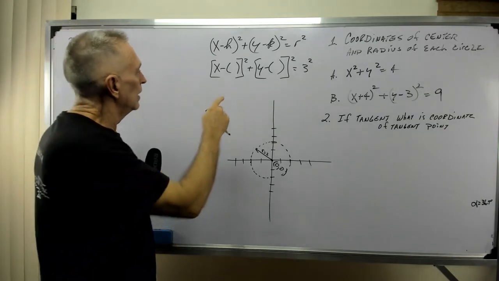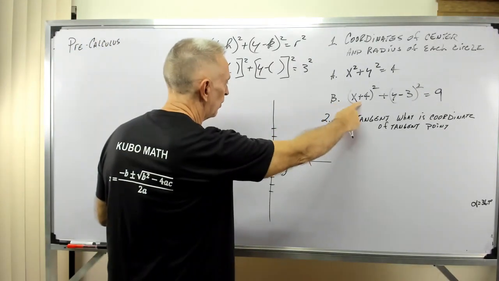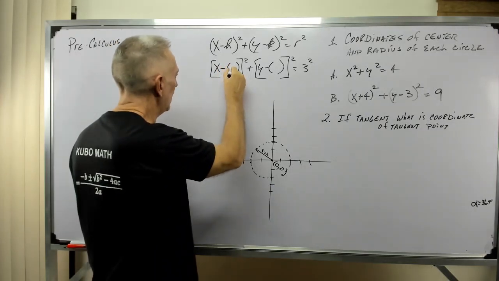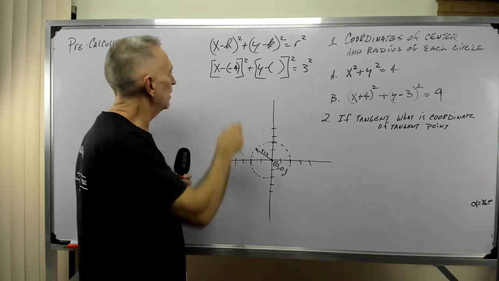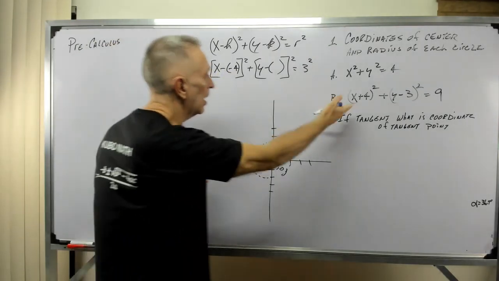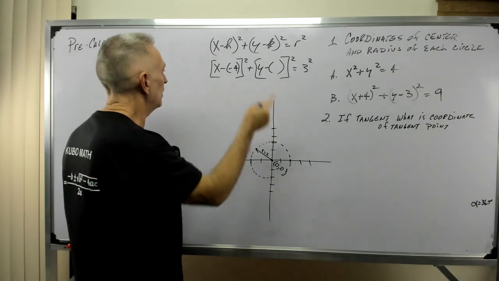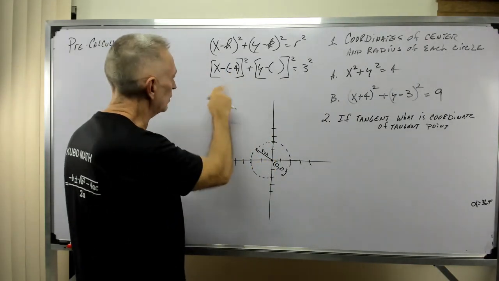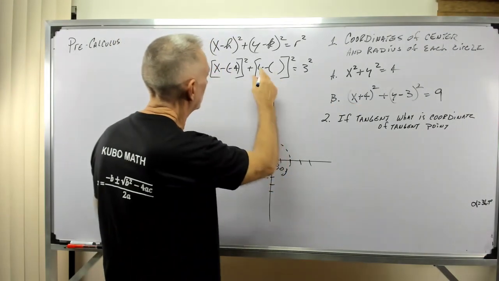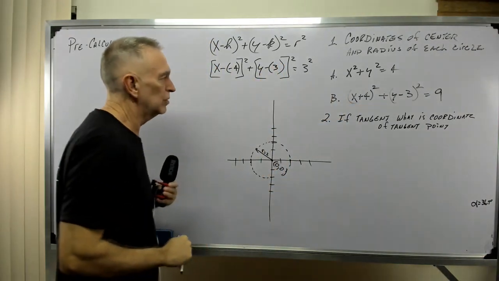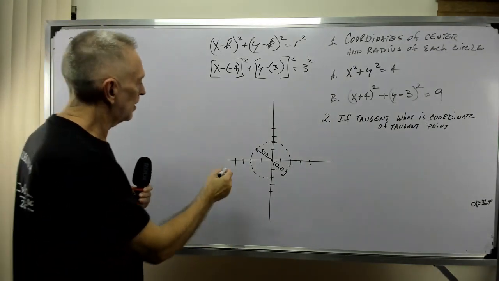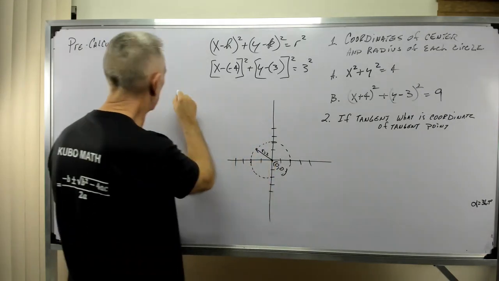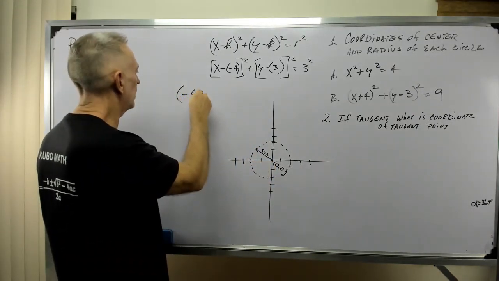In order to get a positive 4, I've got x minus something. Well, that would have to be a negative 4, if a minus a negative is a plus. So it's telling me the x value of that other circle's center is negative 4, and then y minus 3, so no difference there, y minus a positive, so that's a positive 3. So the coordinates of that circle, I'll just write it here, are negative 4, 3.